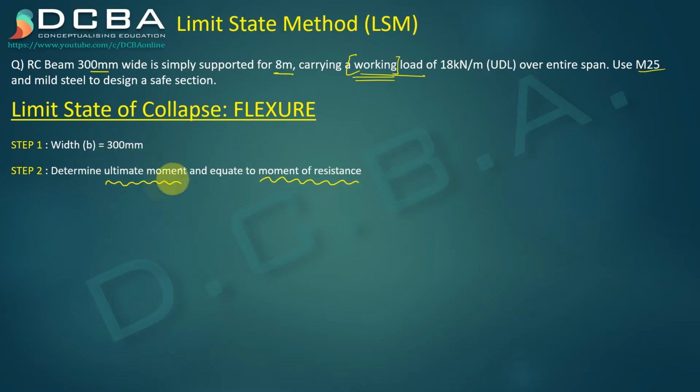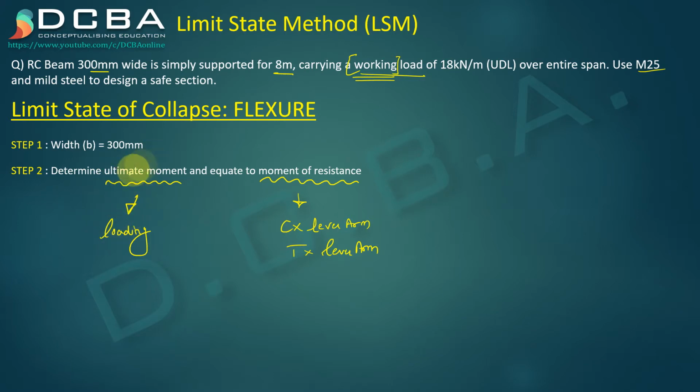From where do we get this ultimate moment? We get the moment of resistance from C into lever arm or T into lever arm.